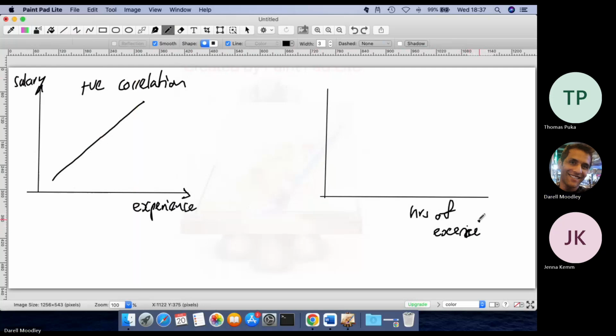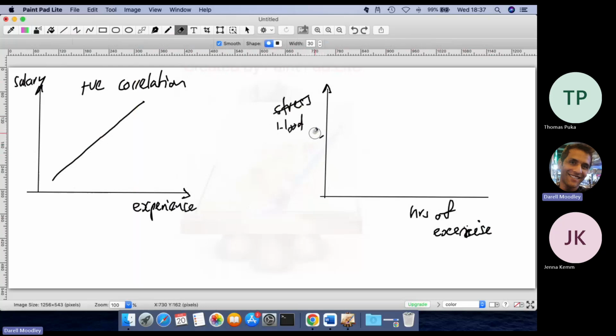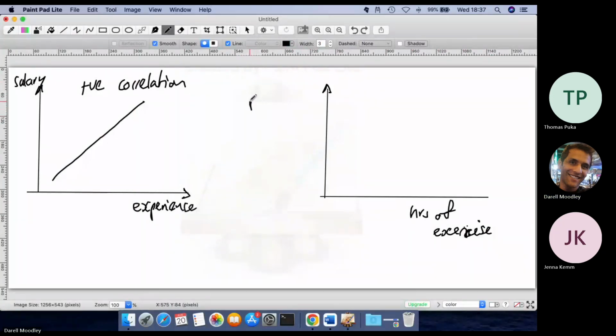And then here, you could have stress, could be measuring stress levels or blood pressure or something. Or even better, let's do another one. I like this one better. Your risk of heart disease.